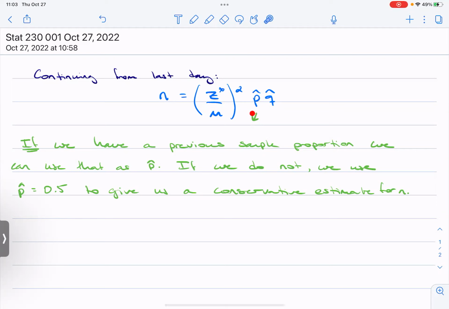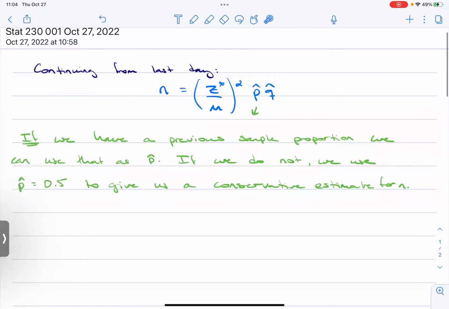If we don't, remember, we haven't collected a sample yet, so we're not going to have a current sample proportion. So if we don't, then we're going to use 0.5 instead, which gives us the most conservative estimate of n, which really just means it maximizes the value of n that we could possibly need.